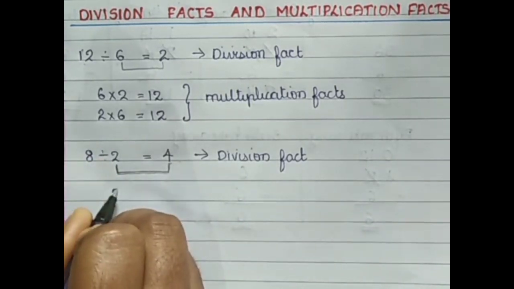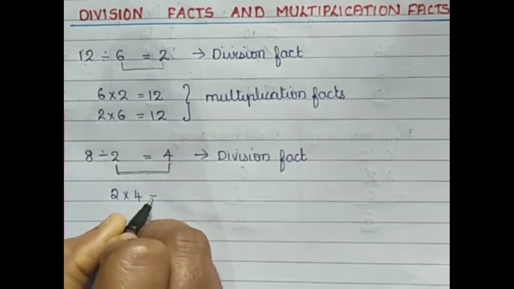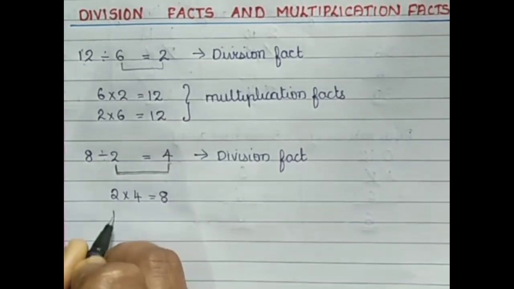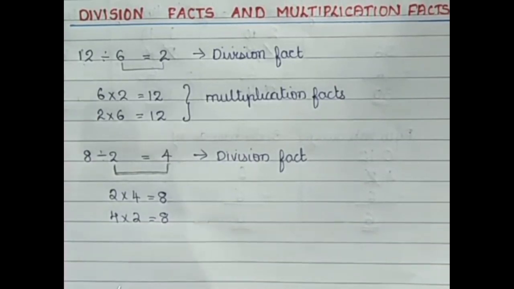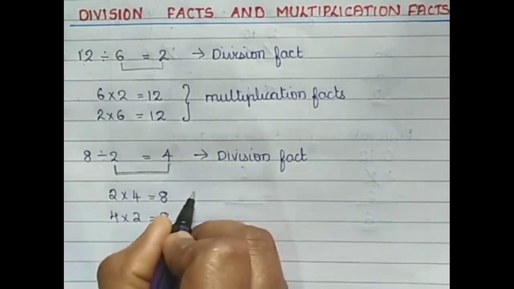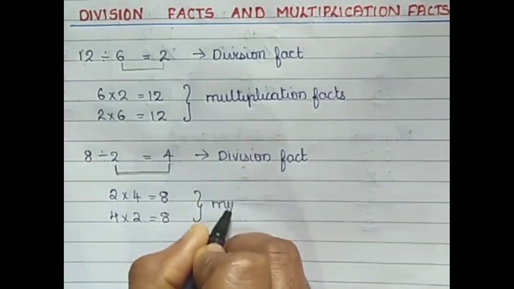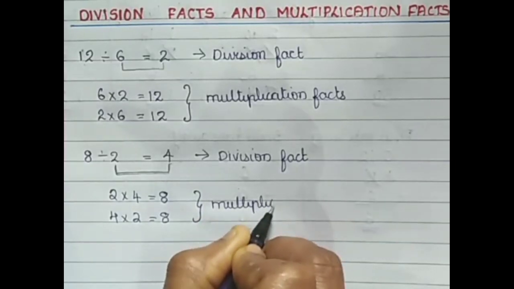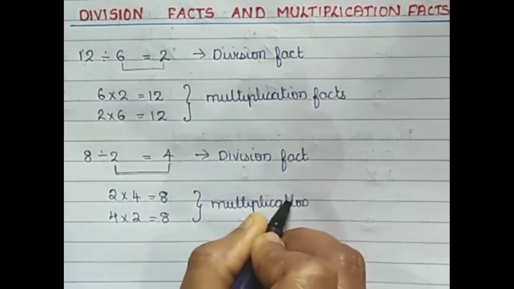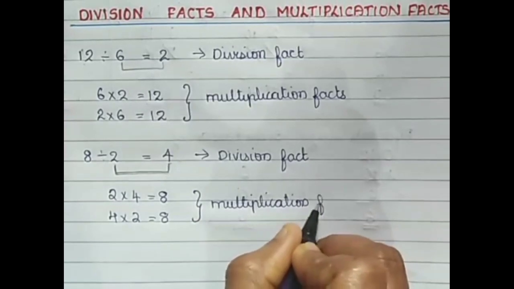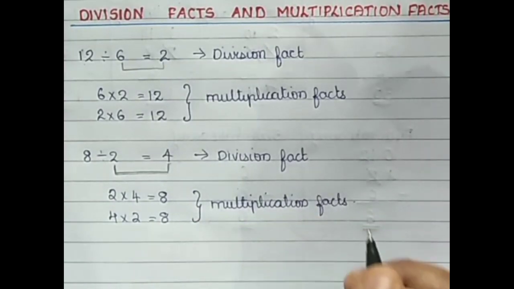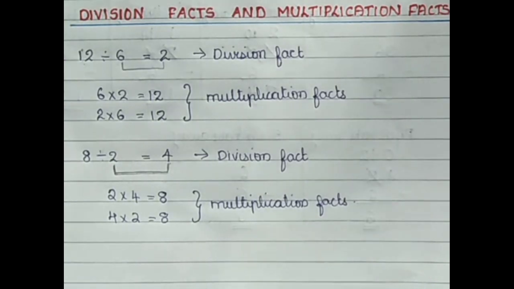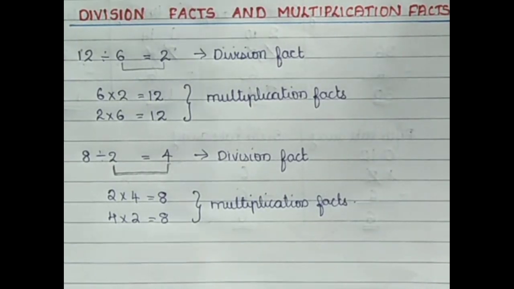So we can write 2 into 4 equal to 8 and 4 into 2 equal to 8. These are the two multiplication facts. And this is the method of finding two multiplication facts for a given division fact.